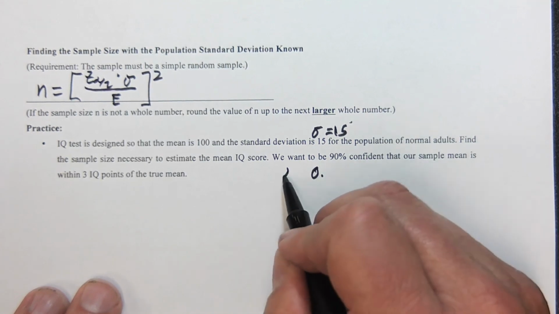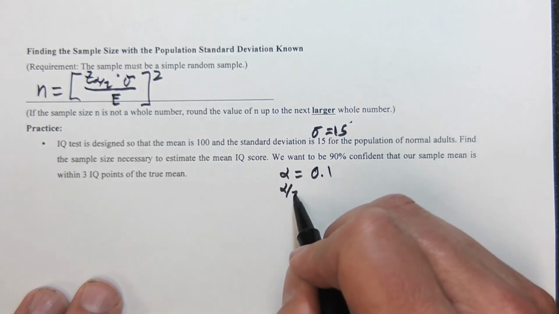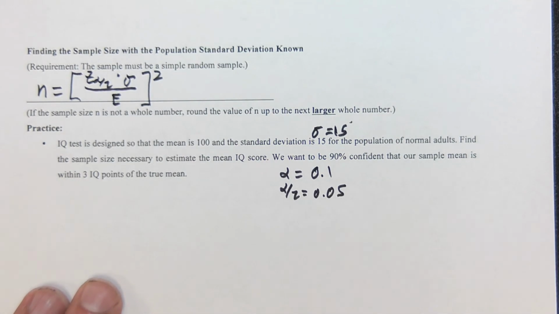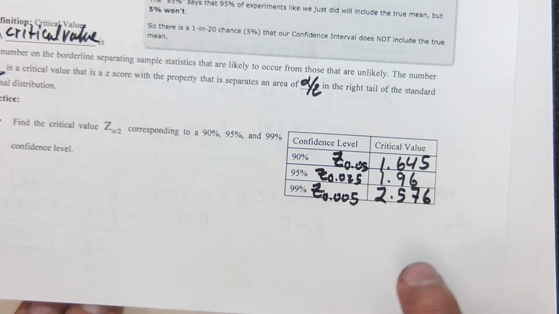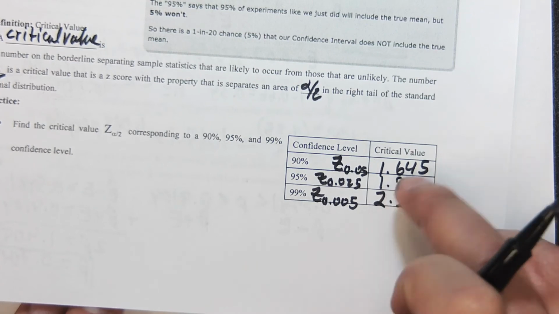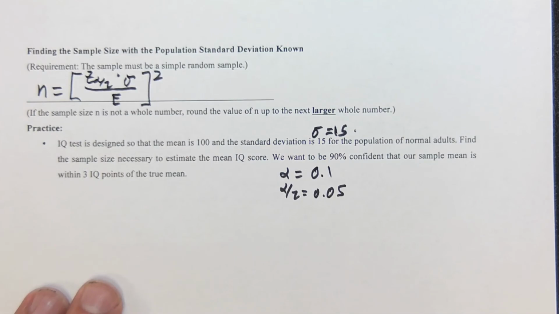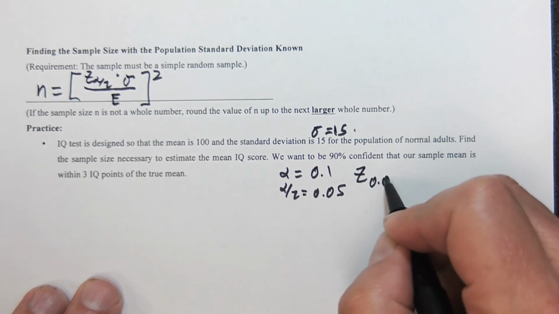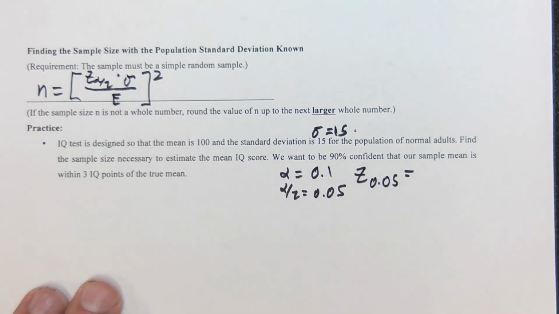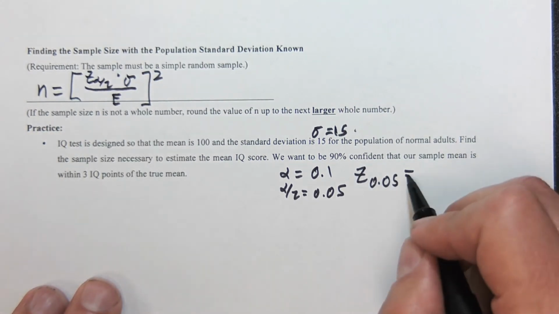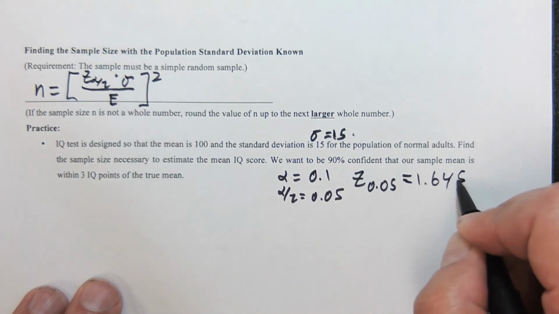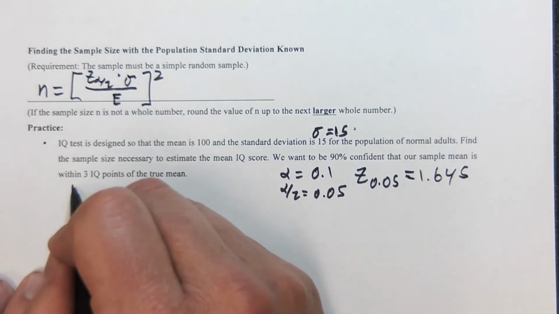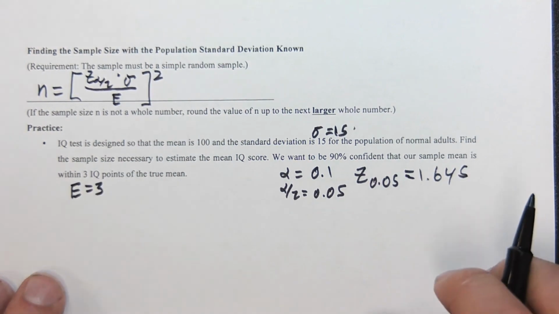That means that alpha is 0.1, so alpha over 2 is 0.05, which we previously calculated right there, 1.645 for z. So z sub 0.05 is about 1.645. And E in this case is 3.